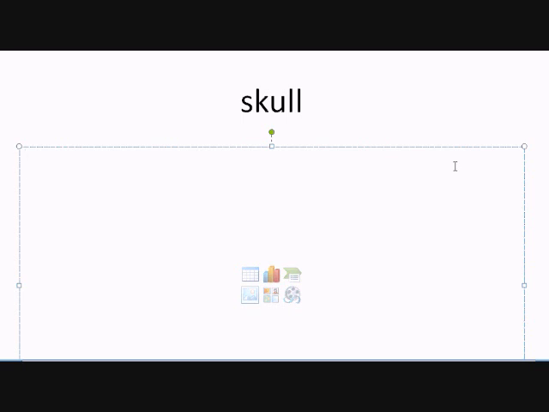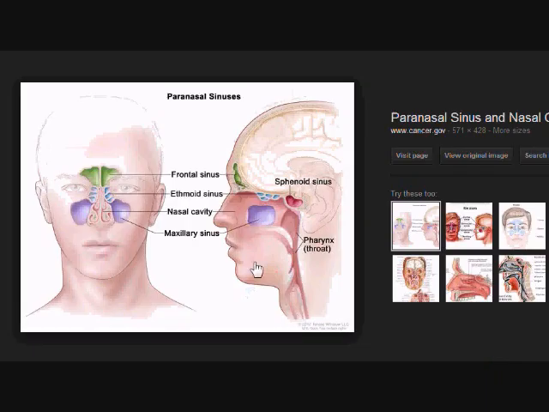Now, I don't believe we've gone over the sinuses yet. So let me get you an image of the paranasal sinuses. Okay, so this is a nice and simple image of the paranasal sinuses. At the very top, you have the frontal sinus, and you can see where the name is coming from. It is right below the frontal bone and right above the nasal bone itself.